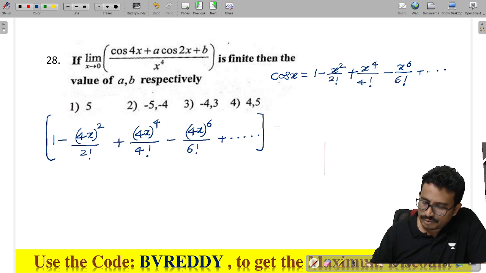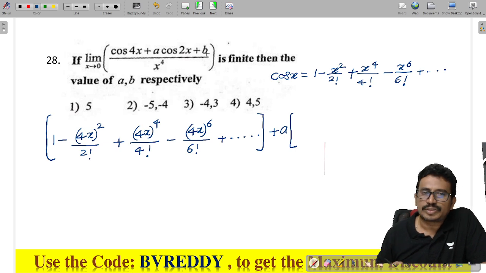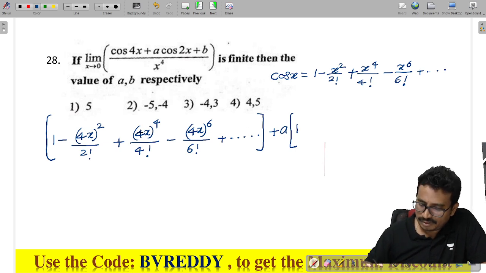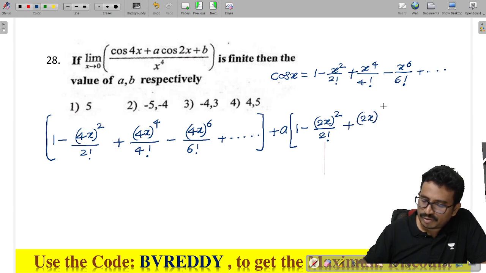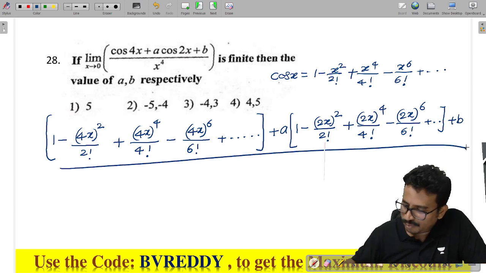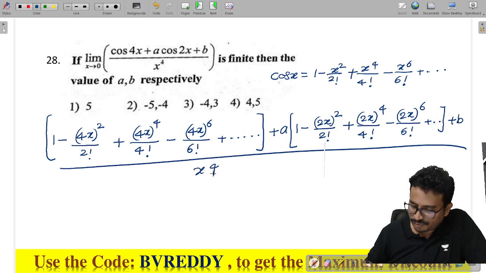Then thereafter, here you see this thing plus a into, and this is cos 2x. This expansion also we can do here: 1 minus 2x squared by 2 factorial plus 2x power 4 by 4 factorial minus 2x power 6 by 6 factorial, like this, plus b, whole by x power 4.